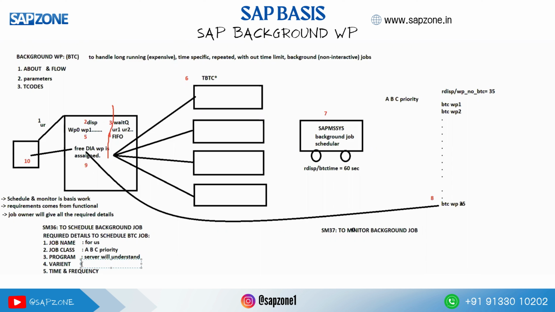The variant, it's a very important thing. A set of predefined parameters. For example, you are taking the backup. Either you want to take 1 day data or 10 days data or entire data.